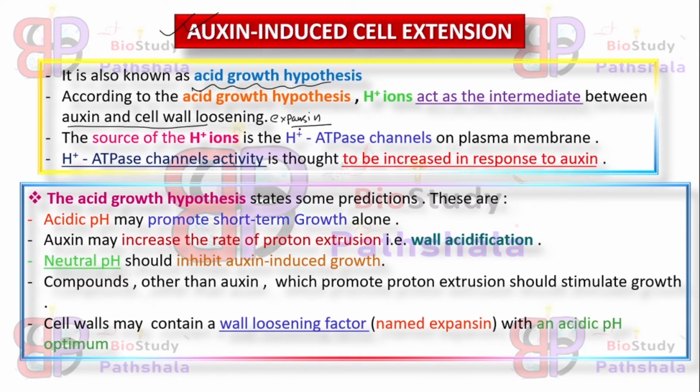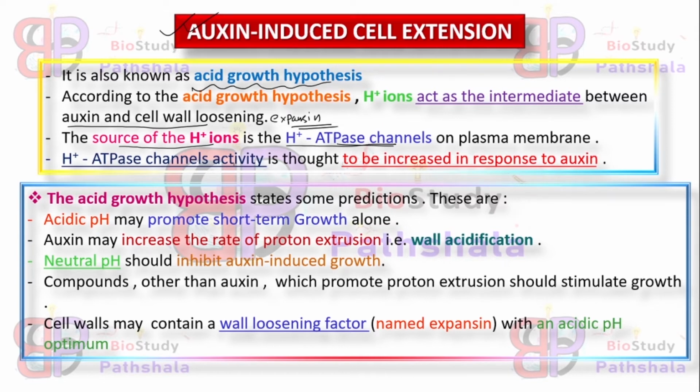These H+ ions provide an acidic environment to the auxin phytohormone, which is optimum for it. The source of the H+ ions are H+ ATPase channels, which are situated on the plasma membrane. This H+ ATPase channel activity may increase the response of the auxin phytohormone. Auxin needs an acidic pH to act at its optimum level.